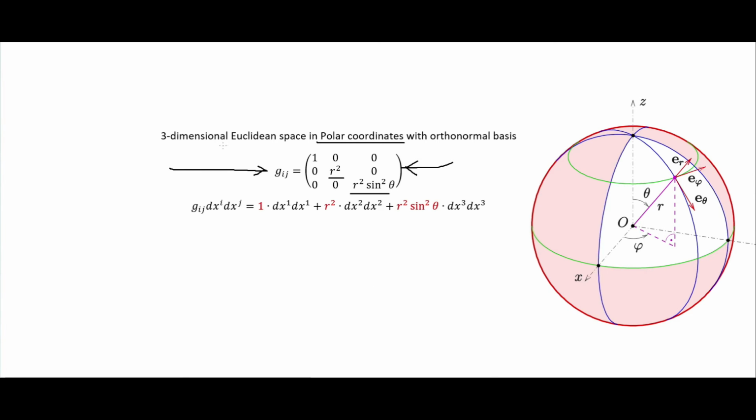So it's three-dimensional. It's still in Euclidean space, and it's still an orthonormal basis, but now we are in the polar coordinates. And so you can actually see the orthonormal basis right here, where this arrow is our E r, this one pointing this way is our E theta, and this one over here is our E phi. And so once again, this gives a meaning to a distance.